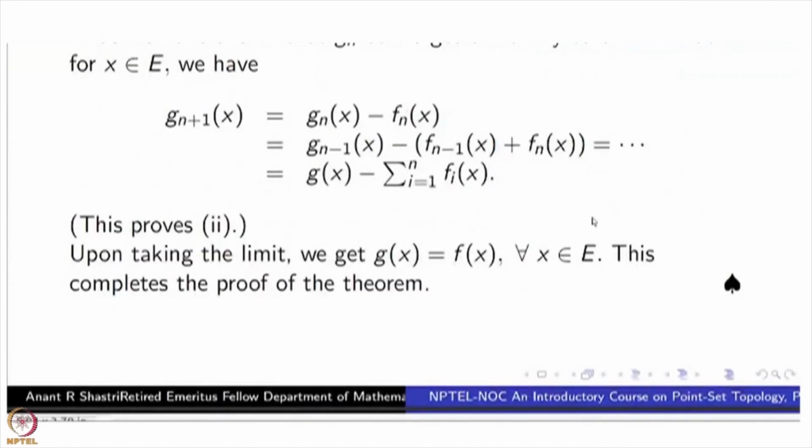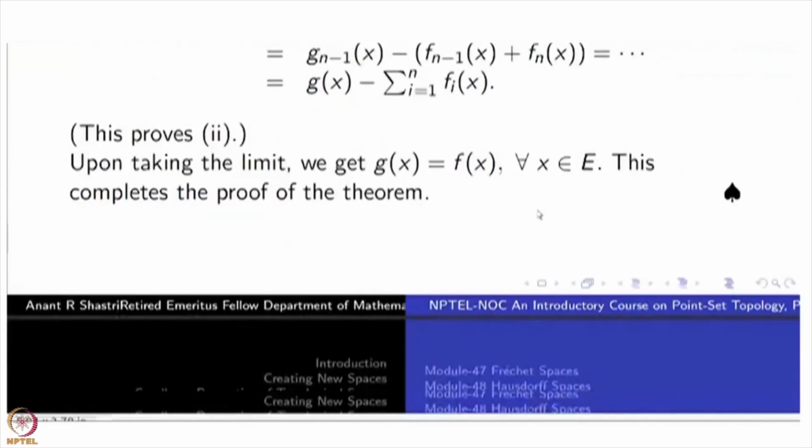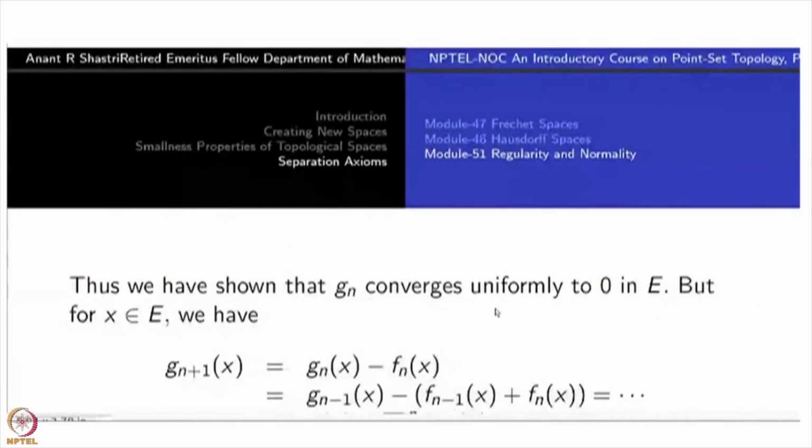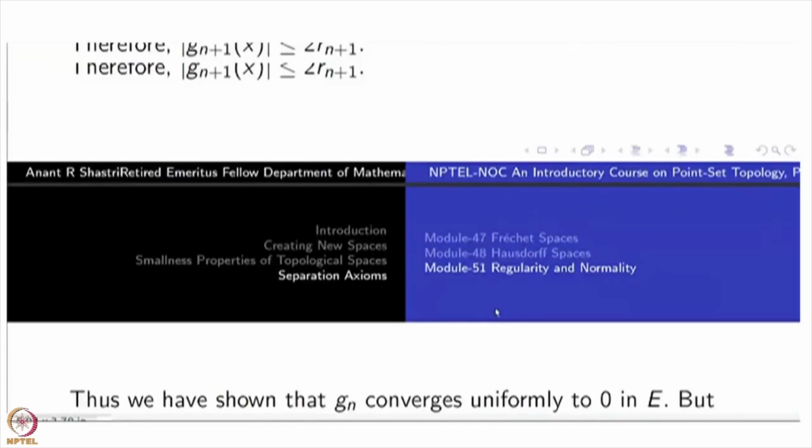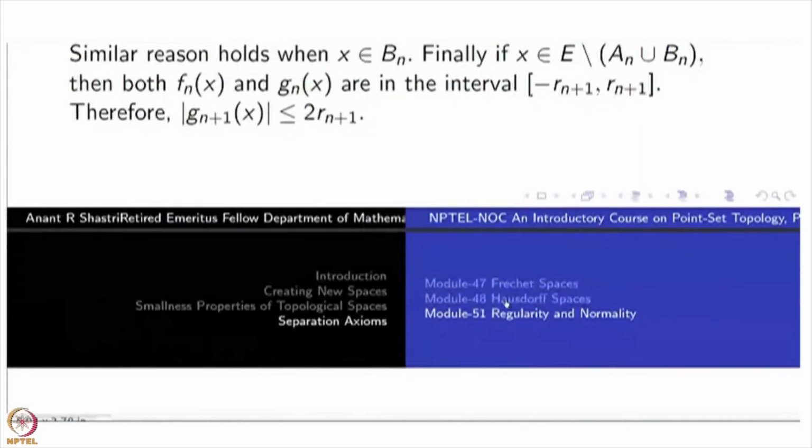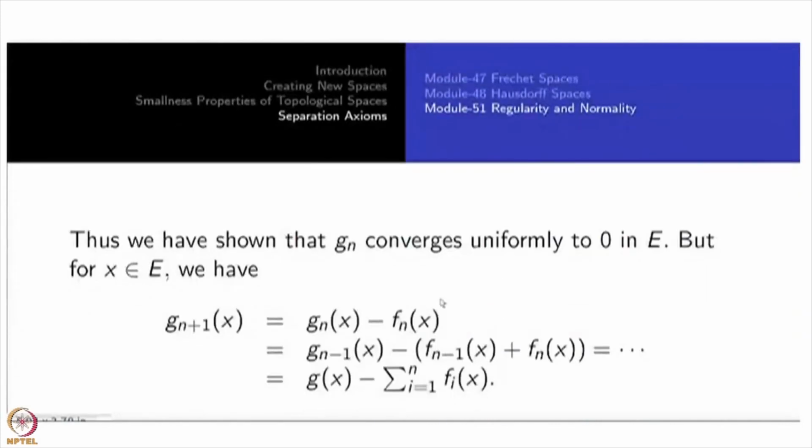Now, what is this G, that mysterious thing? Why G and Gn? That's clear, because Gn is nothing but the remainder after n terms. I couldn't say that before, because first I have to show that the series is convergent. So we have shown that Gn converges uniformly to 0 inside E. But now if x belongs to E, then Gn plus 1 is Gn of x minus Fn of x by definition.